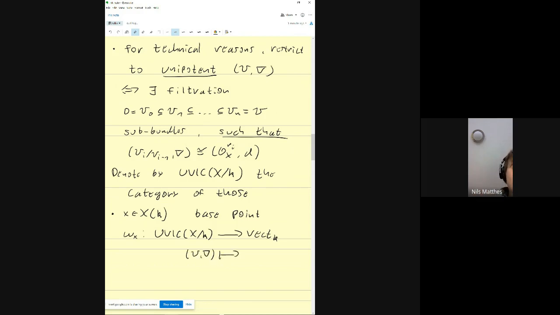It's called a fiber functor because it takes the vector bundle with connection and maps it to the fiber at x of the underlying bundle. You can also think of this as the pullback of the vector bundle along the point x.